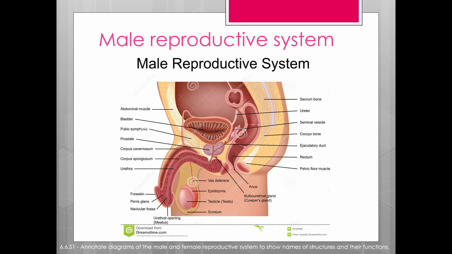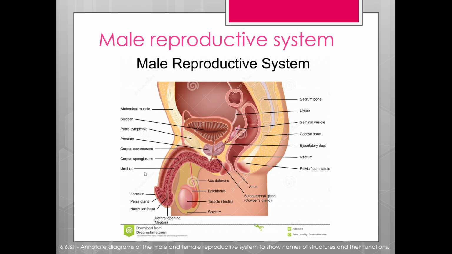Then all this tubing becomes the urethra at the moment when it meets the third of the glands you have to know: the bulbourethral gland or Cowper's gland, the smallest of them and the last to be met, by the way.